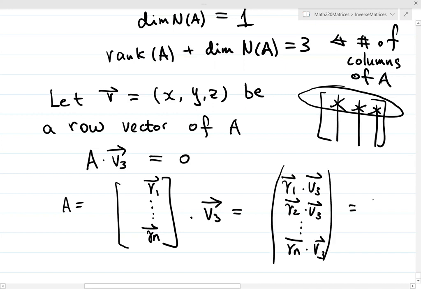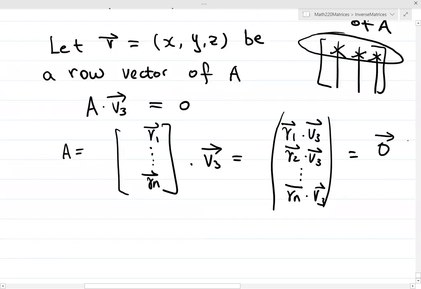And this is the zero vector. Every component should be 0. So this means any row of A should have dot product with V3 equal to 0.